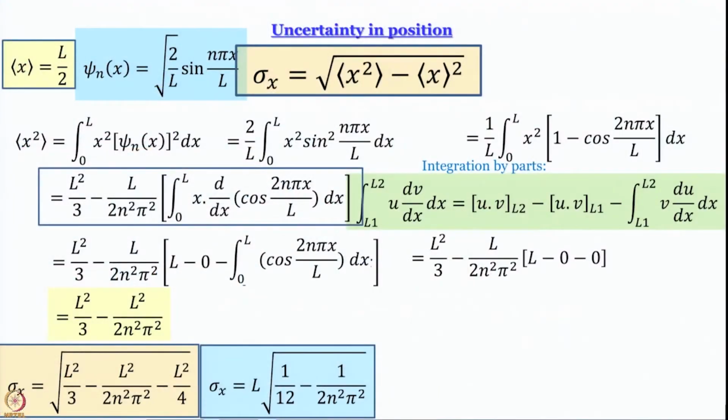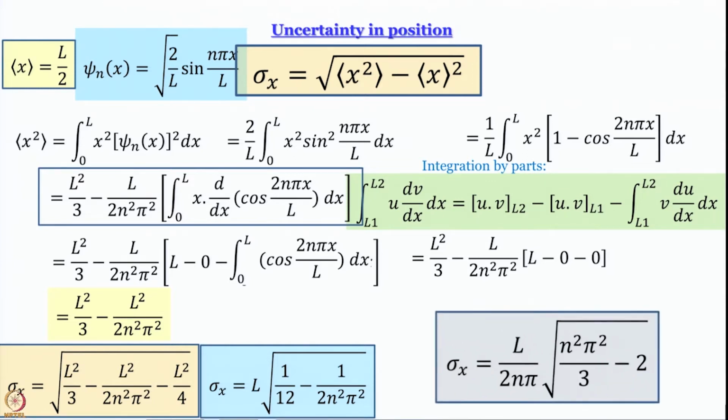Okay. So, crux of the matter is we have this expression for uncertainty in position that we had looked for. Now let us seek the expression for uncertainty in linear momentum, and that is going to be much easier than uncertainty in position. Okay.